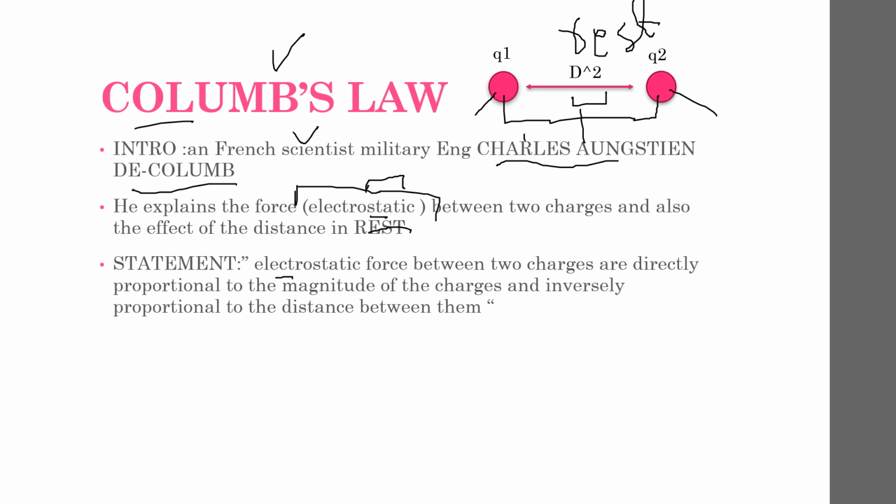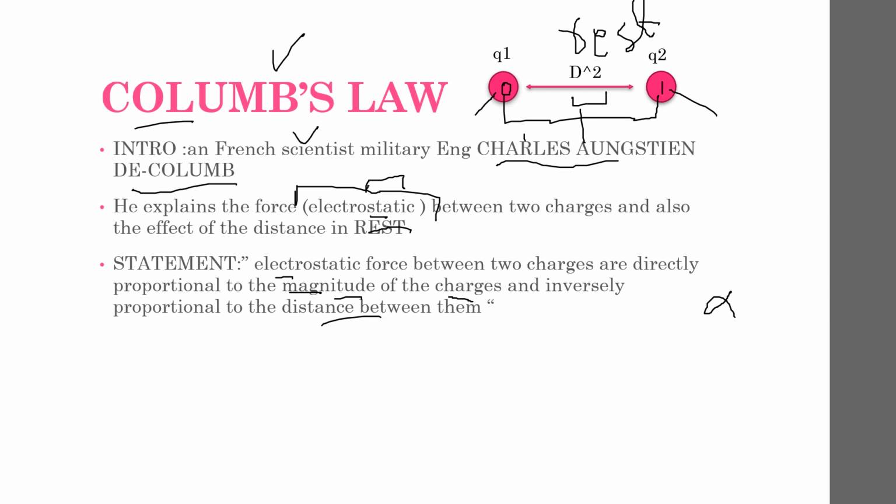The electrostatic force between two charges, charge 1 and charge 2, is directly proportional to the magnitude of the charges. Magnitude is the number, like the number of distance or displacement, depending on the situation. Magnitude means the number of charges, and the force is inversely proportional to the distance between them.